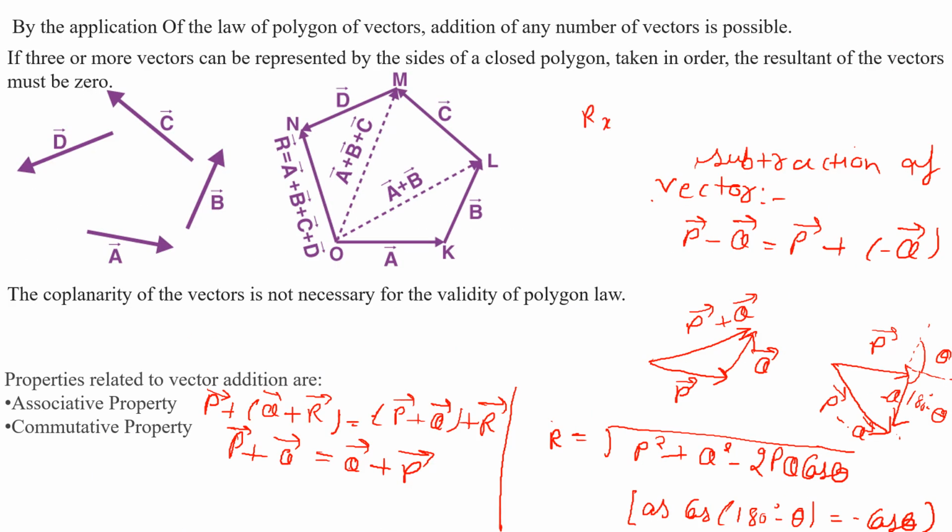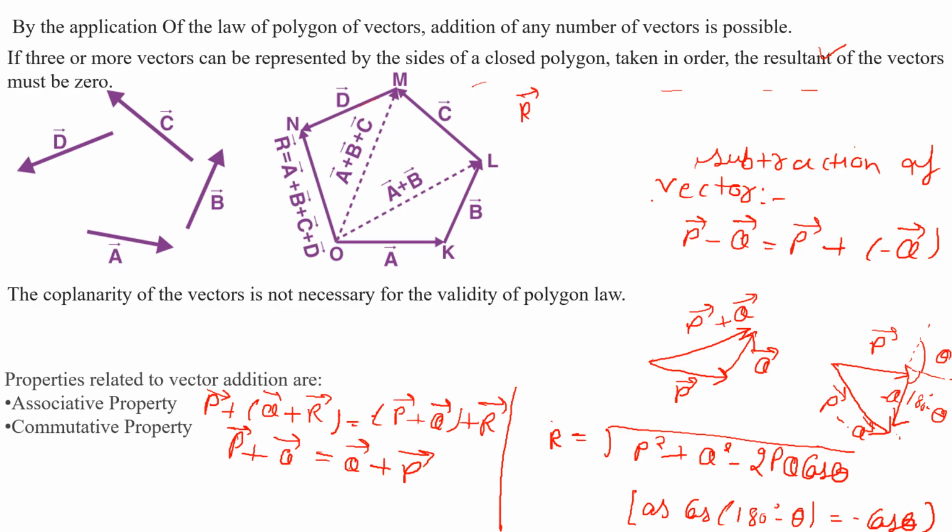Now, what is the polygon law of vectors? By the application of the law of polygons of vectors, addition of any number of vectors is possible. If three or more vectors can be represented by the sides of a closed polygon taken in order, the resultant of the vectors must be 0.